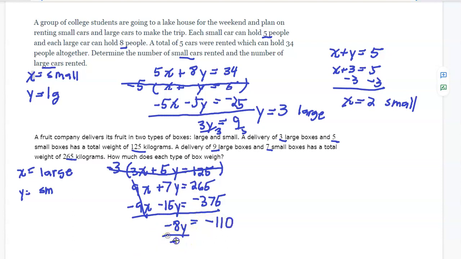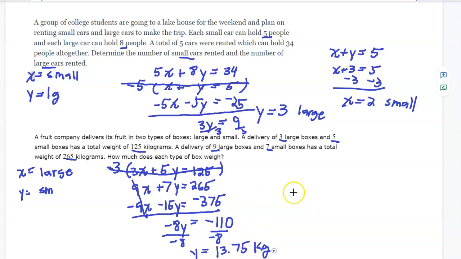Okay, divide both sides by -8. y equals 13.75. Okay, and again, this is a decimal, but that's okay. I'm just looking for the weight, and you can have 13.75 kilograms. Not a problem with that. It's not like you have 13.75 boxes. You have 13.75 kilograms in one small box.